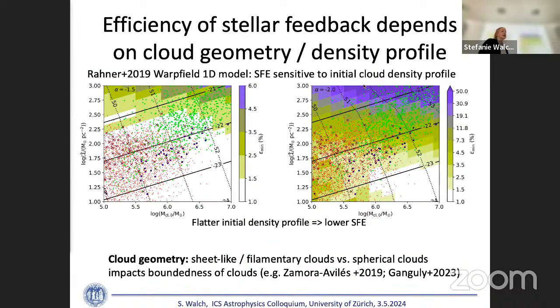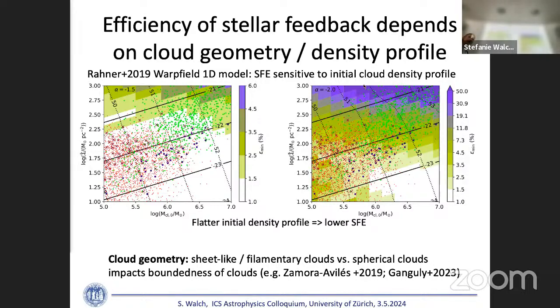Then there are some models from Rana 2018. These are 1D models with the warp field model, as they call it. So basically in the 1D model, you also start with a gravitationally bound cloud. You can give it a surface density distribution in the radial direction. And this alpha here denotes the slope of this density distribution.